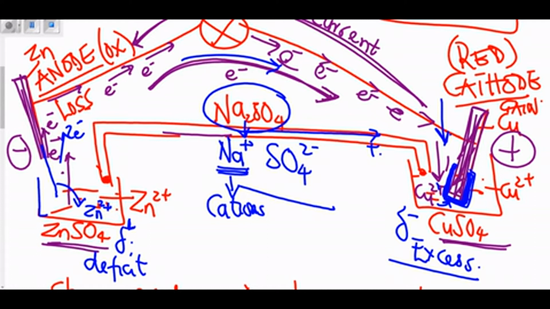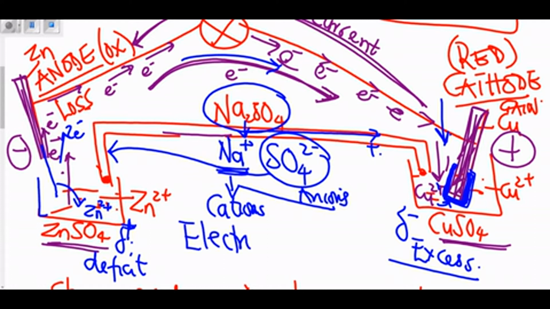And this side is more positive. The anions will migrate towards the anode so that it maintains electrical, what did we say? Electrical neutrality. And that's the way the salt bridge simply operates.